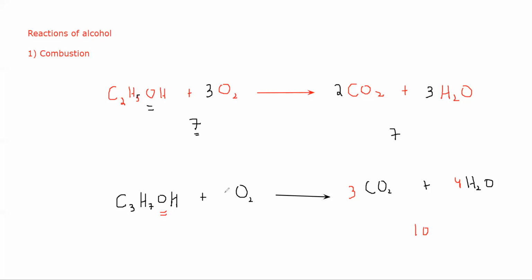How can I have 9 oxygen? So I will put 9 by 2. So when I put 9 by 2, I will have 9 plus 1, total 10 oxygen. Is it clear? This is how we balance a combustion equation. Start with carbon, followed by hydrogen, and at the last, oxygen.